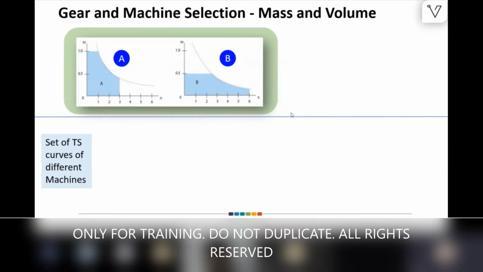So we have these two machines and we have to select which one, because both have almost similar power. You can see the torque for this machine is very high, but the speed is very limited. Here we have a high speed machine, but low torque. So we can do something here with the help of gears.